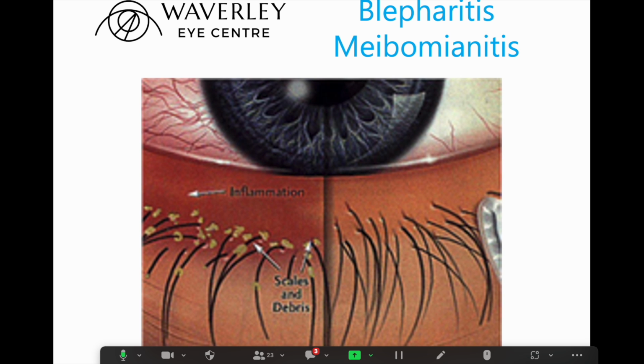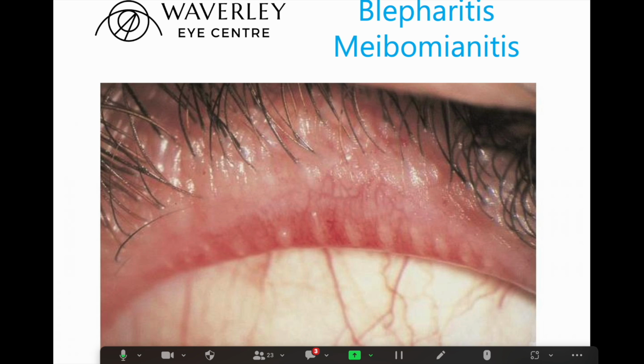Let's talk about inflammation of the eyelids that can cause redness. There's a condition called blepharitis or Meibomianitis. It's a chicken and egg; we don't know which comes first. They're associated and related. On the left-hand side, you're going to see inflammation along the lid margin, and little scales and debris along the base of the lashes. Here's the upper lid.